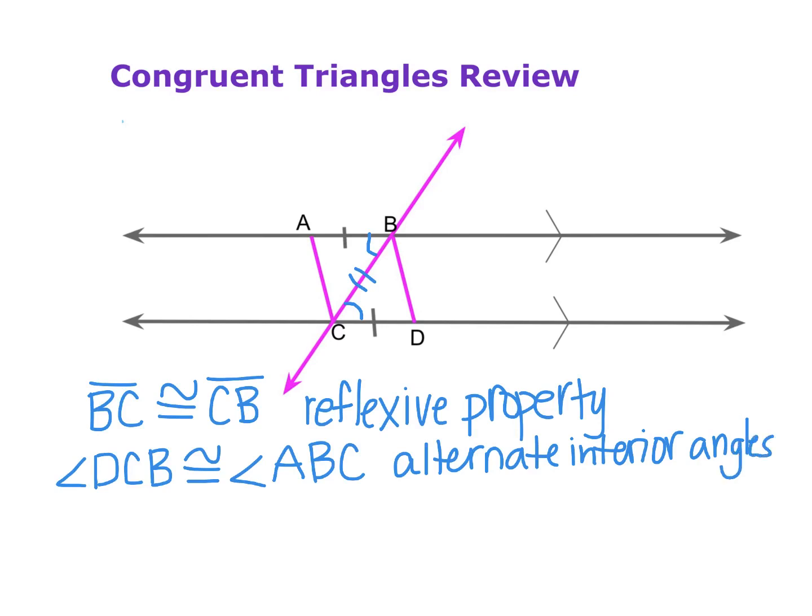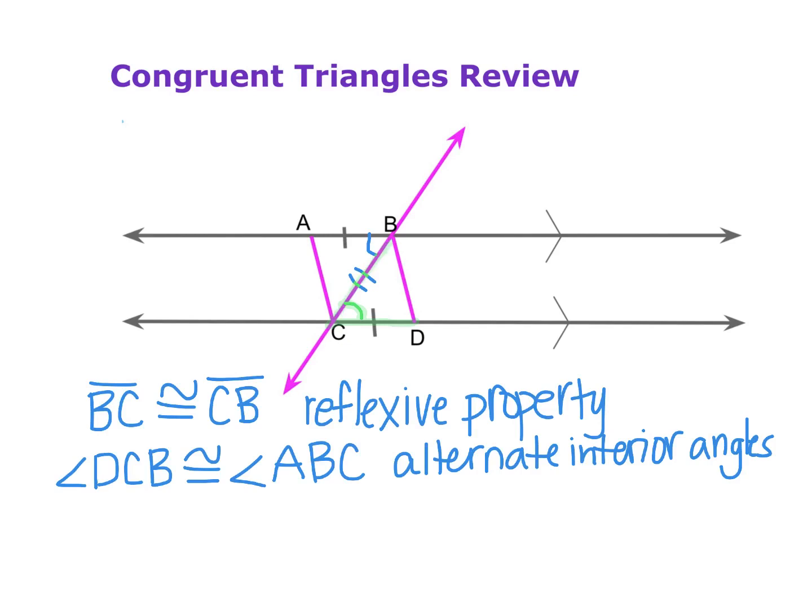Okay, so now when I'm looking at my two triangles and I'm trying to determine what postulate to use to describe that they are congruent to one another, what I would do is I would look at starting at vertex D. If I go to the left, I'm going to cross over a side, and then over here at C, I'm crossing over an angle.